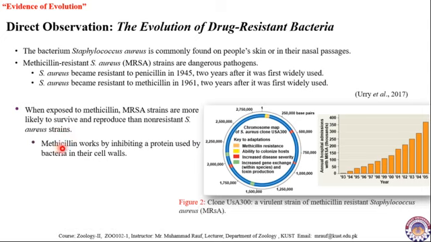So how does methicillin kill bacteria? Methicillin works by inhibiting a protein used by bacteria in their cell walls. So this was the mechanism of methicillin, but as the bacteria identified this problem in their proximity, they tried to develop another kind of protein or enzyme for that function.